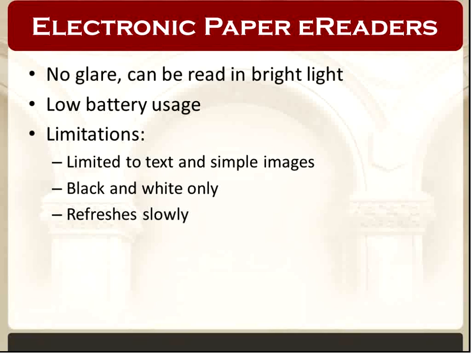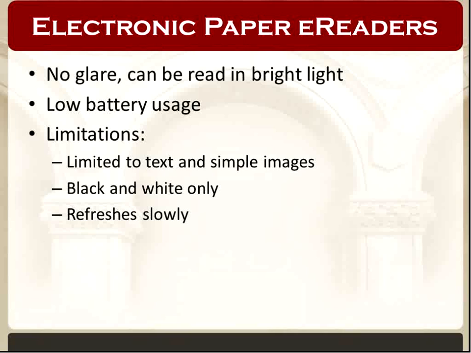The technology that creates the electronic ink, the e-ink, doesn't require battery to sustain an image. It only requires battery power to change what's on screen. So each time you turn a page, it requires battery, but while you're on the page, it just sits there static. So the Kindle Touch, for example, claims to have up to 30 days of battery life.